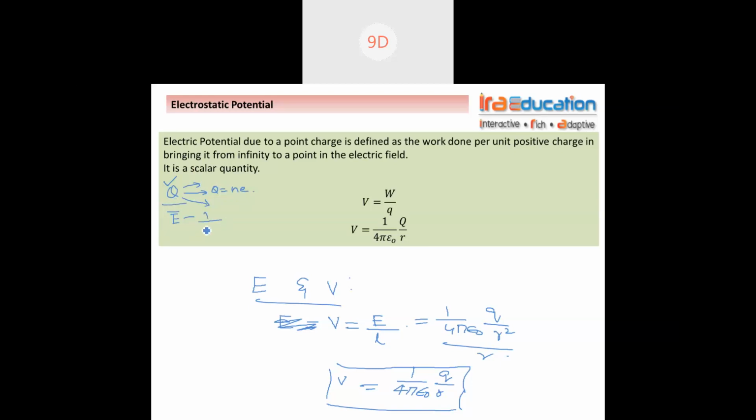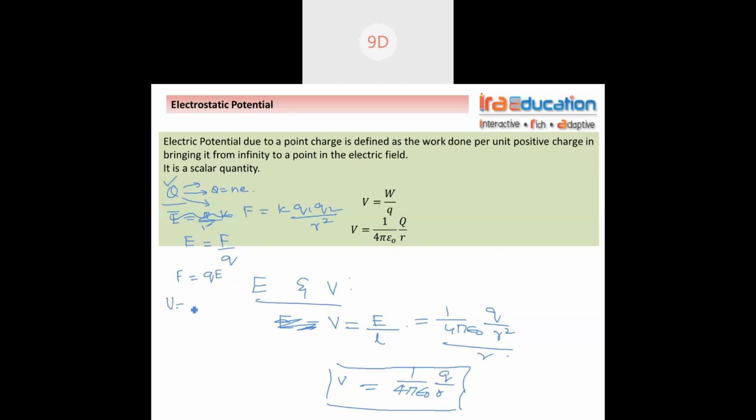You learnt electrostatic force first, K Q1 Q2 by R square, given by Coulomb's law. E equals F by Q. You can derive it if you want. It's just Q by R square, and F is equal to E into Q.